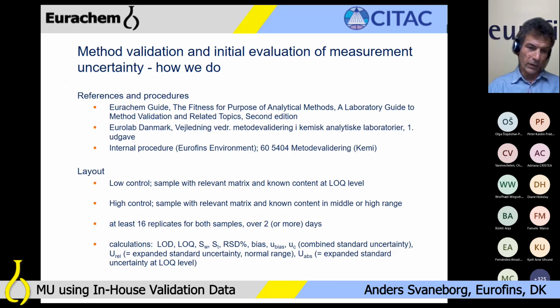We collect all these data in Excel. We have a template we made internally in Eurofins, and we calculate parameters such as LOD, LOQ, SW and ST, and RSD percent, and bias, and the uncertainty of bias, U bias, and the combined uncertainty and the expanded standard uncertainty at high level and at low level also.